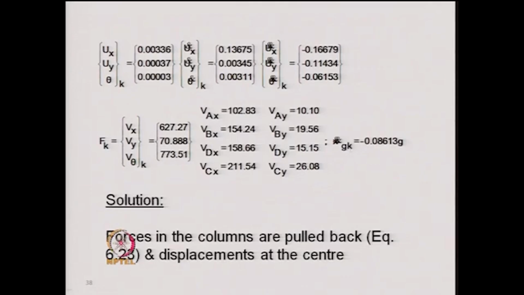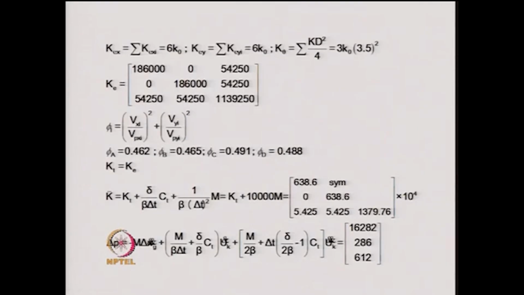Now, the forces in the columns are pulled back later, but in the beginning we compute the value of the Ki matrix, and once we obtain it, using that Ki matrix one can find out the solution for the problem, and we see that for each one of the columns the phi value is less than or equal to 1.